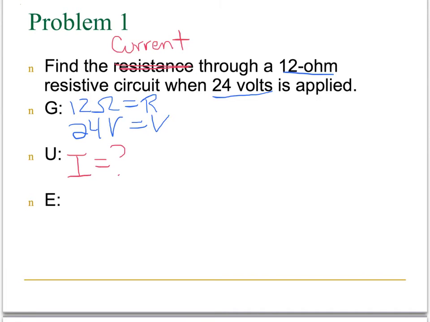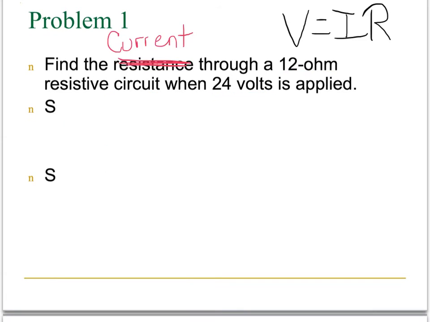The equation that we're going to begin with is V equals IR, which means voltage equals current times resistance. Again, that equation is voltage equals current times resistance.